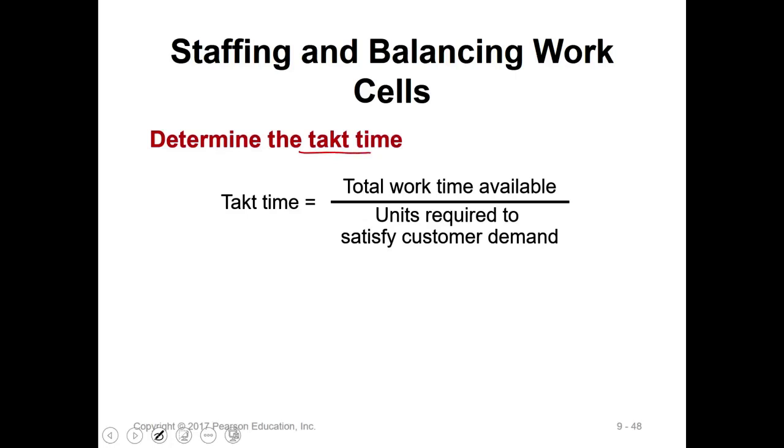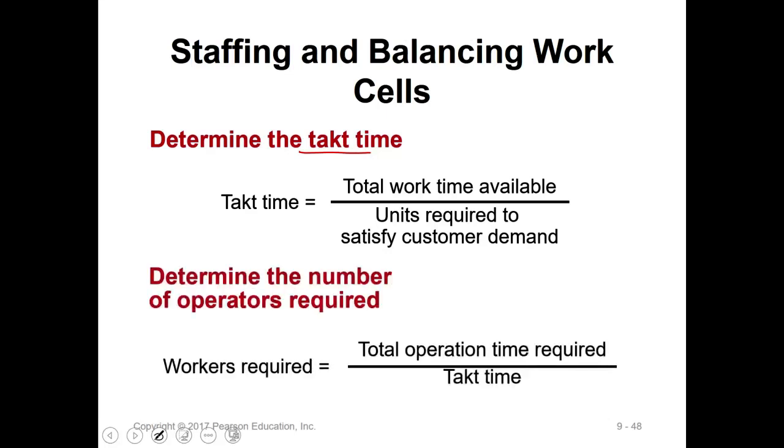Takt time is the time required to meet a customer's volume need. So if you consider the total work time available and divide by the units required to meet the customer requirements, this is to produce 1 unit, and how much time you use to meet the customer requirement. This is takt time.